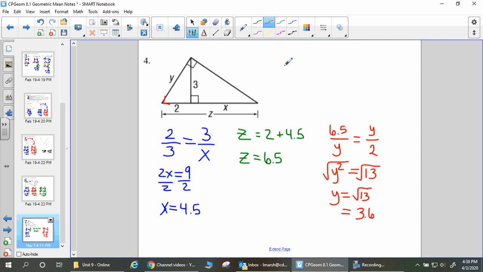And you're going to get those same setups. It might mean that you don't need a proportion for every letter, like letter Z. I didn't need a proportion there. I simply saw in my picture, I need to add these two numbers together. So keep that in mind when you have pictures asking you to find 3 letters. It's possible that those letters won't be where you expect them to be.